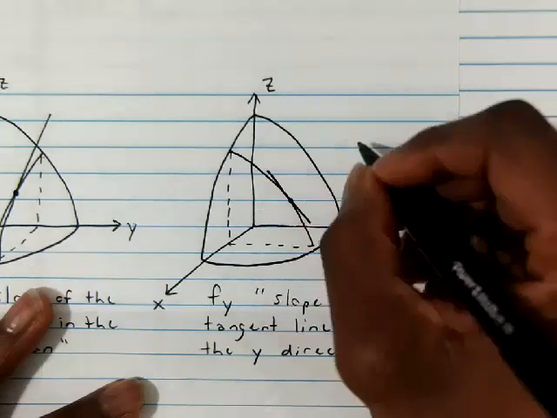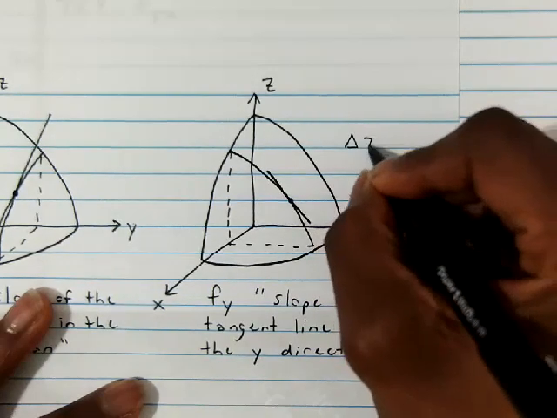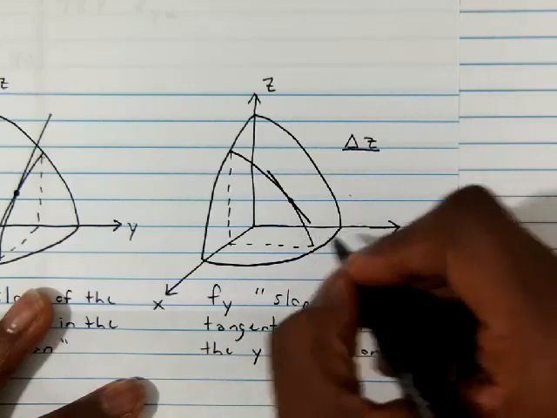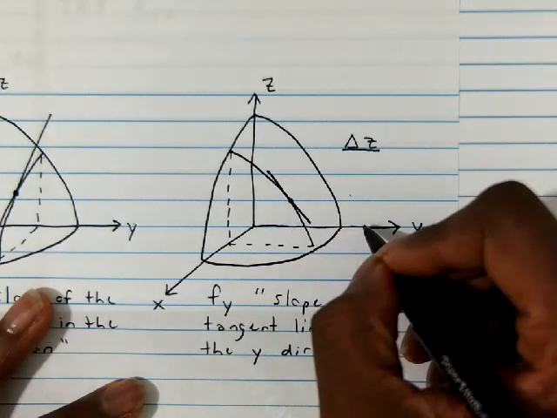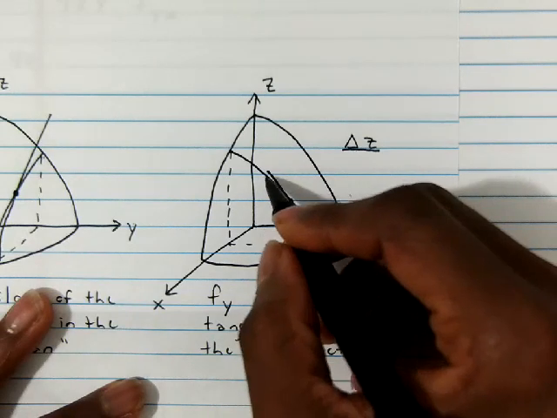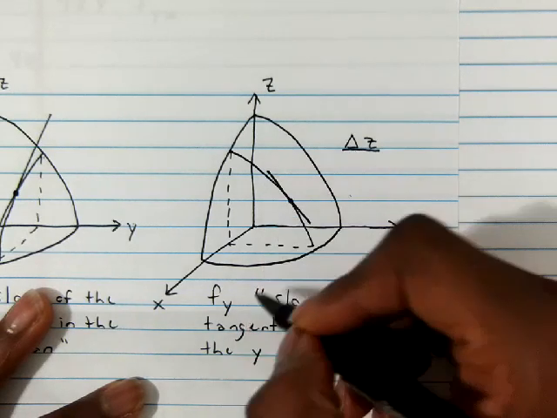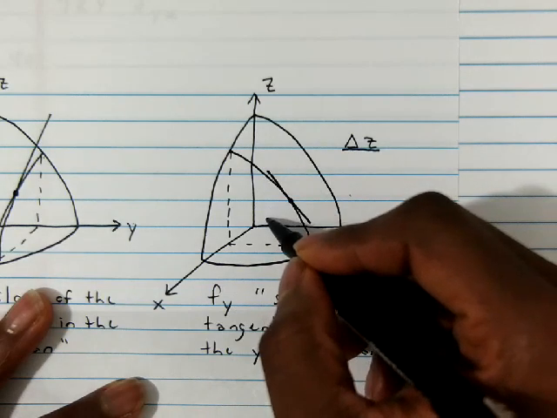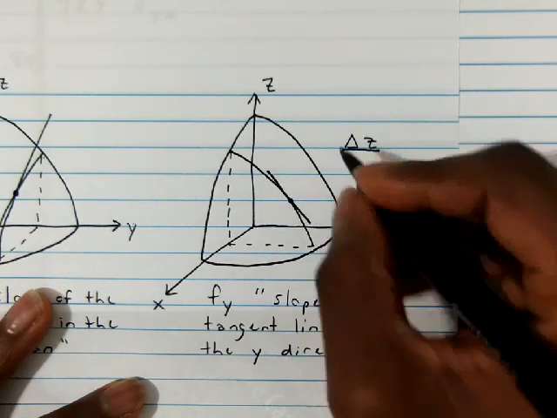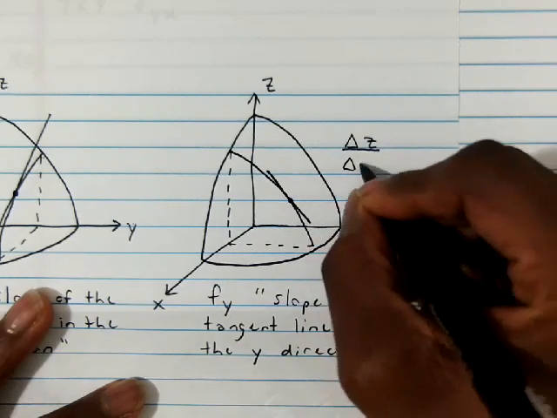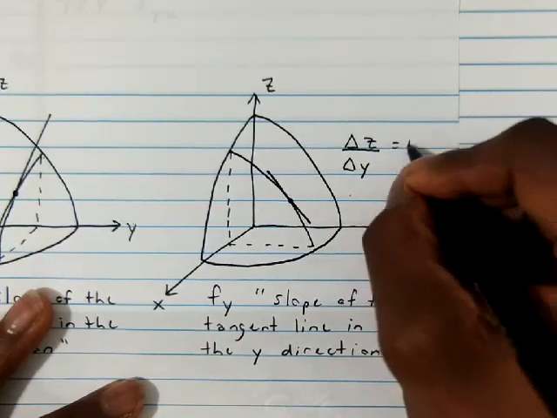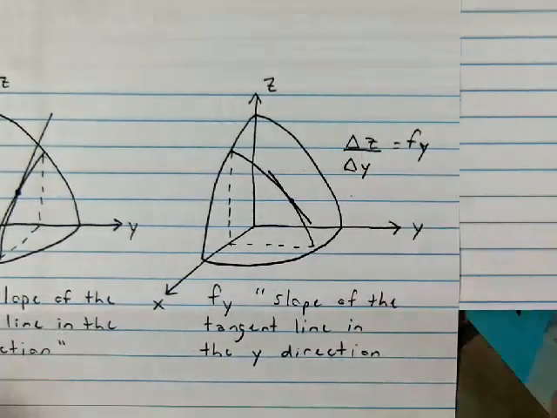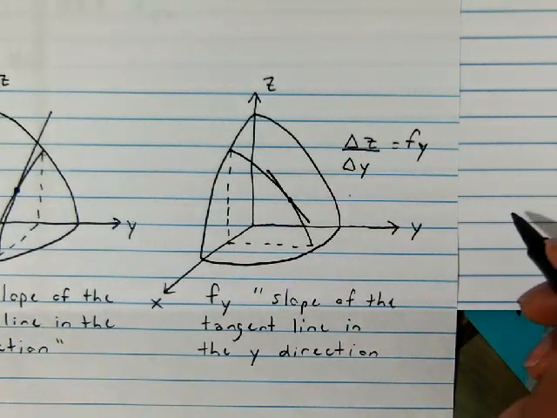So our rise is our change in z over our run, which is our change in y when we're doing this. In this particular scenario, our f sub y is going to be negative at that point, because we're going to go down and then over to the right. So over your change in y, this is what f sub y is.